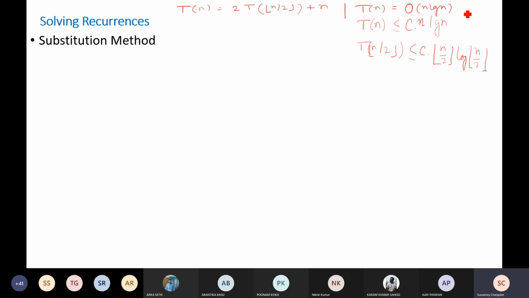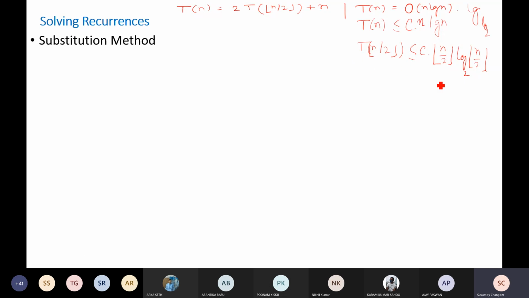Whenever I write lg, please consider this is log base 2. In the next steps I will not write log base 2. If I write ln, consider base 10. And if we write any other base, then I will write log and then the base.